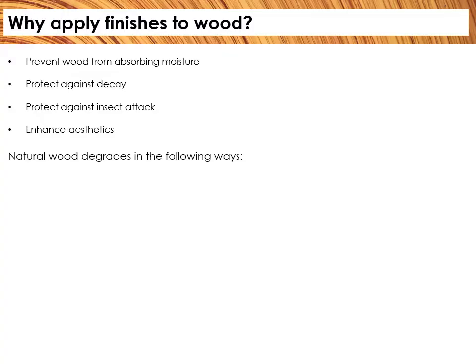So what you need to do therefore is protect any more moisture going into the wood. So if the wood is being used outside, it's to stop it absorbing any moisture, but also on a table or interior furniture, you don't want any spills or anything being soaked up into the material.